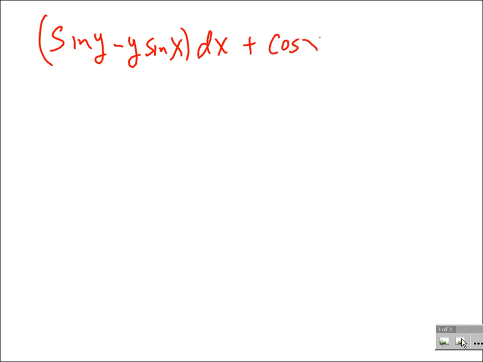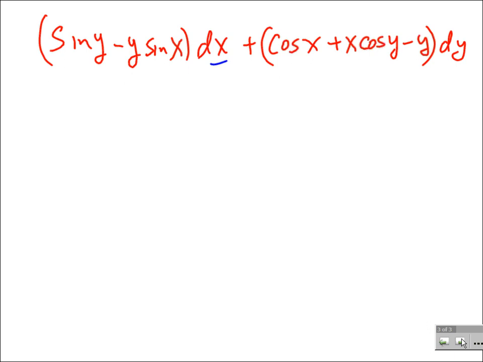Now we're going to solve a differential equation using this technique plus more. This technique that I showed you just shows whether or not the equation is exact.